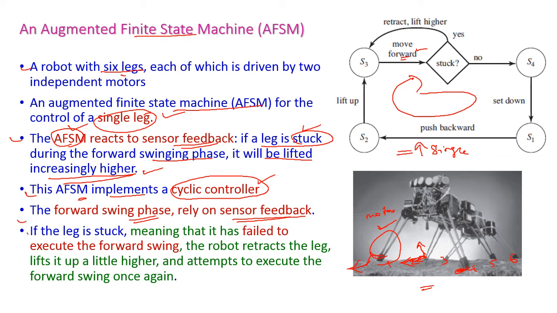And if the leg is stuck, that means it has failed to execute the forward swing. Okay, leg is stuck means it cannot move forward, that is, failed to execute forward swing. Okay, so the robot reacts, it lifts up the leg a little higher than the previous or normal one and attempts to execute the forward swing once again. Okay, so that it can move easily forward.